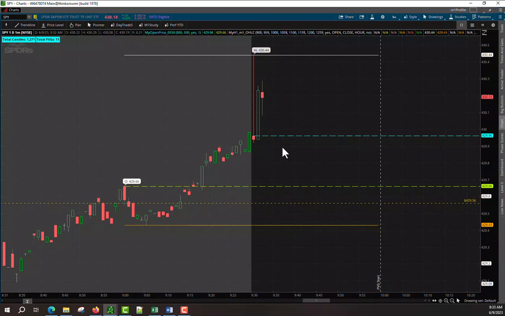So let's see what setup we have right here. We see the fair value gap. No, there's no fair value gap yet. Yeah, this is something right here. You can see an order block, buy side liquidity taken, but this one is invalid.